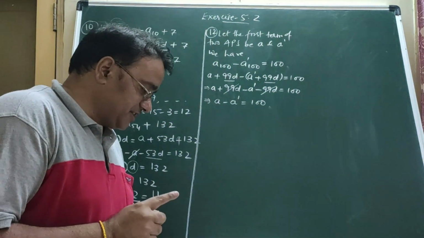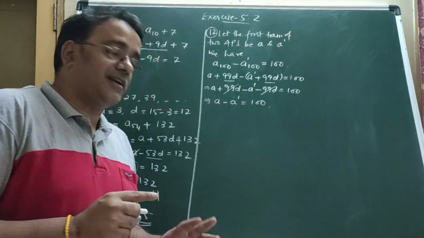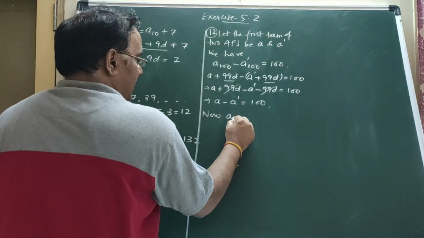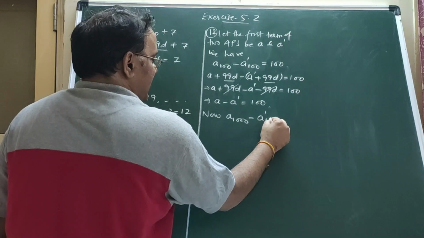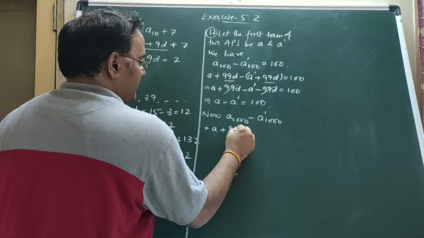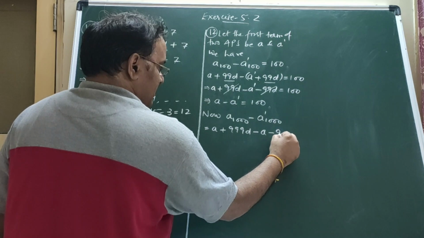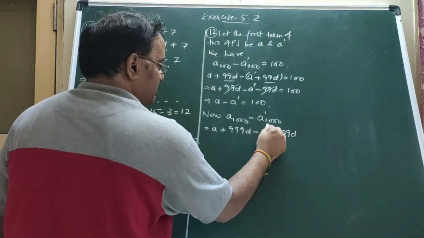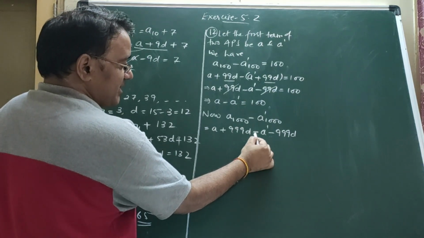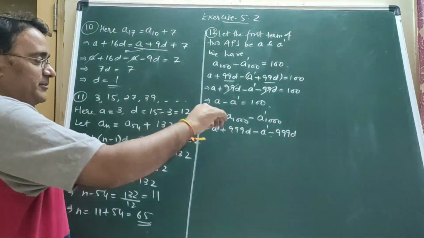Okay, now in the question it is given, what is the difference between their 1000th term? Now a1000 minus a dash 1000 is equals to, so ये कितना हो जाएगा, a plus 999d and this will be a dash plus 999d, but due to this minus sign this will become minus. हम लोग चाहे तो पहले ब्रैकेट लगा के फिर उसके बाद ब्रैकेट ओपन कर सकते हैं.